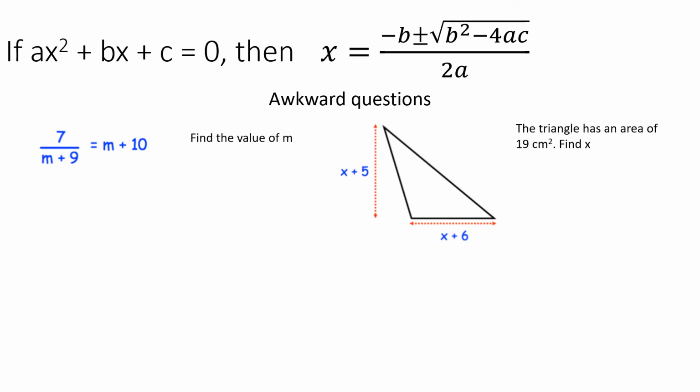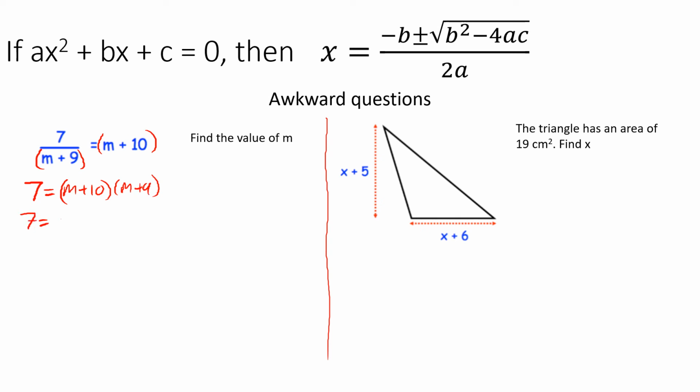Okay, let's crack on. So our first one, I'm going to put some brackets around these, kind of like a linear equation. When we've got something on the bottom of a fraction, we want to multiply the other side by it. So our first step here would simply be multiply across by m plus 9. What would you do then? You'd want to expand your brackets.